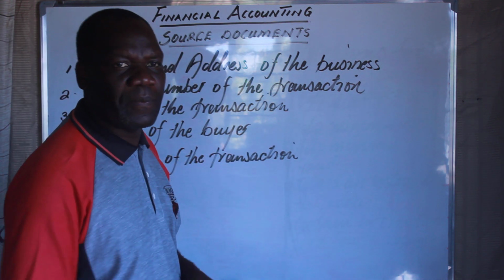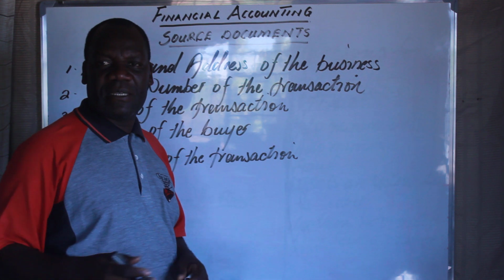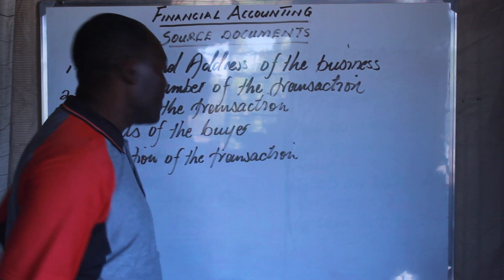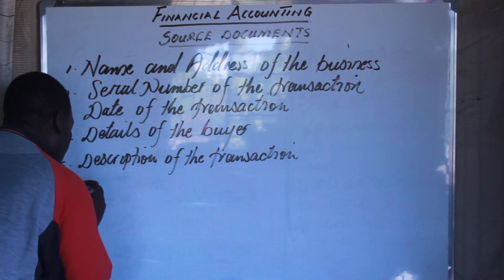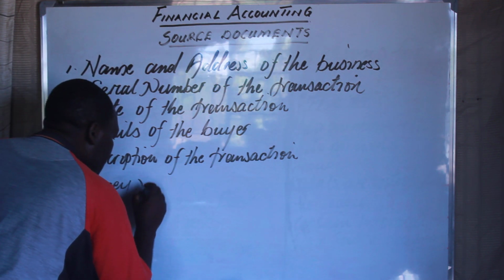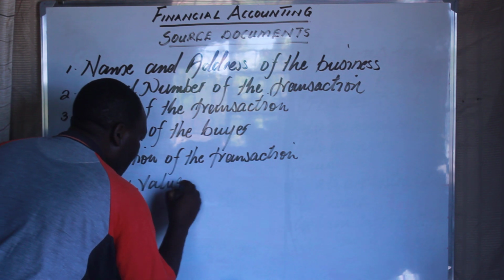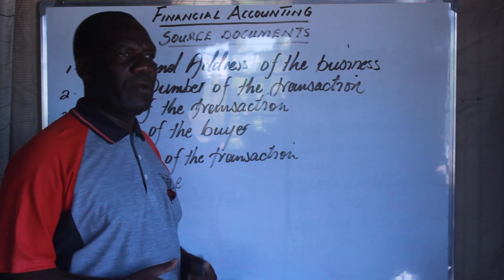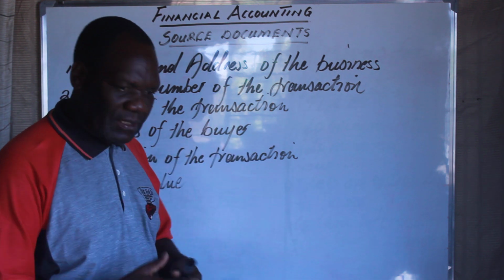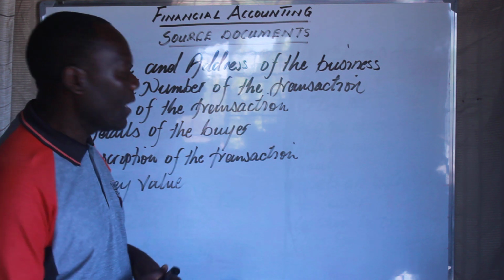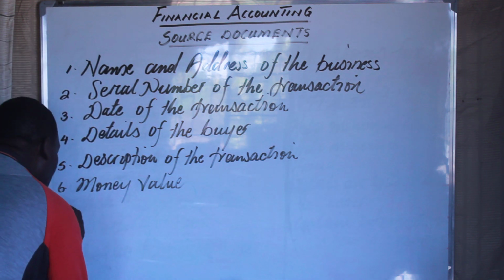Number 6, it must have monetary value. It must show how much the goods were sold for. Number 7, it should have the signature.